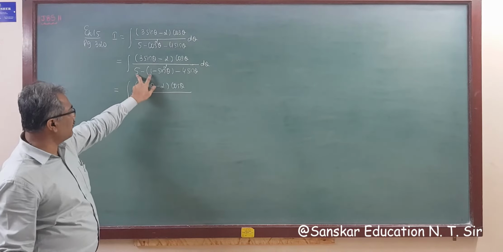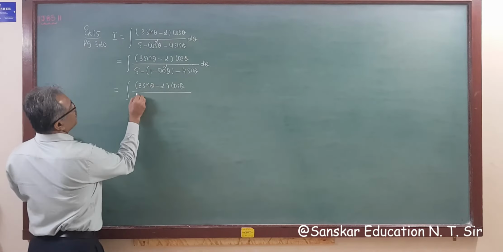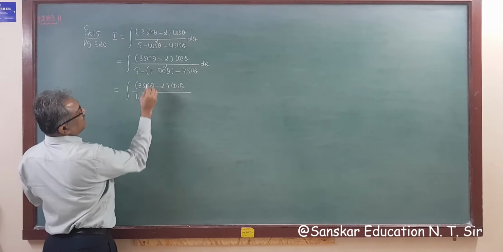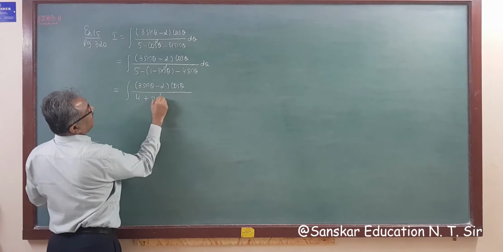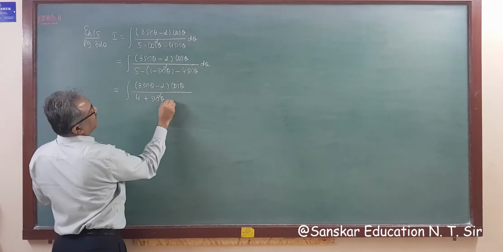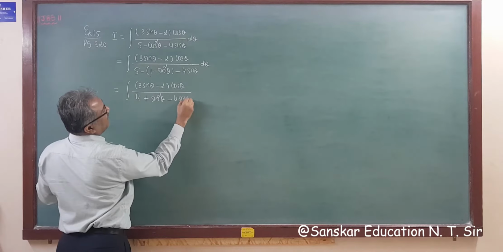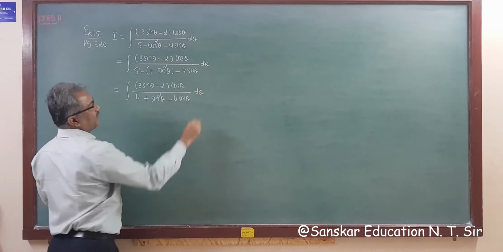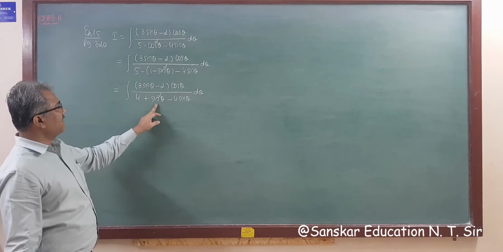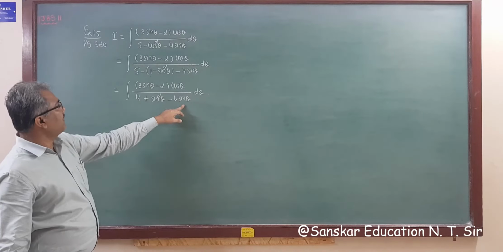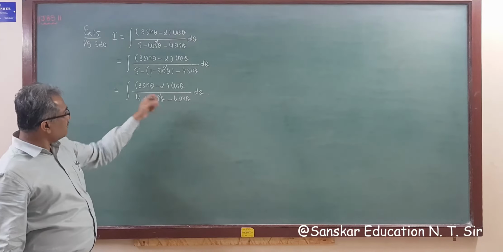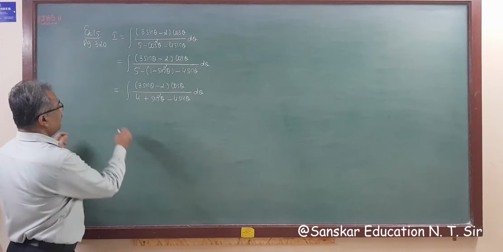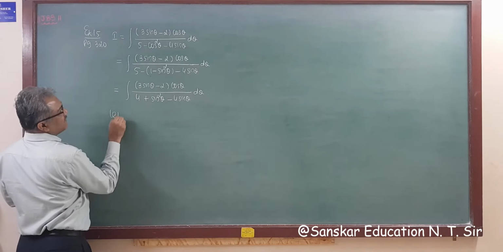So 5 minus 1 is 4. So 4 plus sin square theta minus 4 sin theta d theta. So this is sin square theta minus 4 sin theta, right? Plus 4, right?